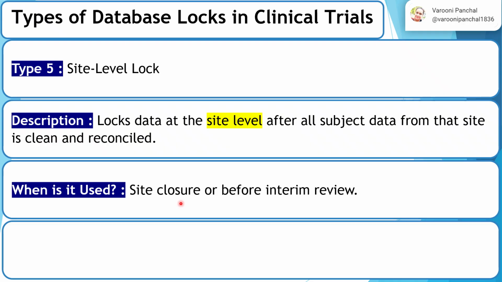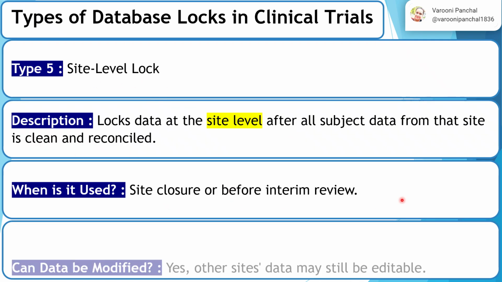So in those scenarios where there are any logistic issues, you can get the queries resolved as soon as possible before the site is closed, at any point of time. So in those scenarios, you can lock the data site-wise or before any interim review.